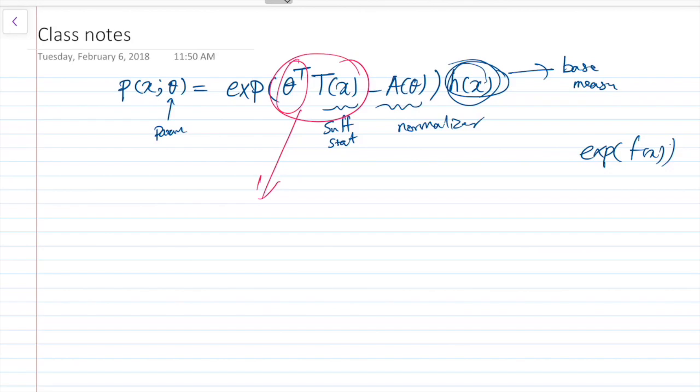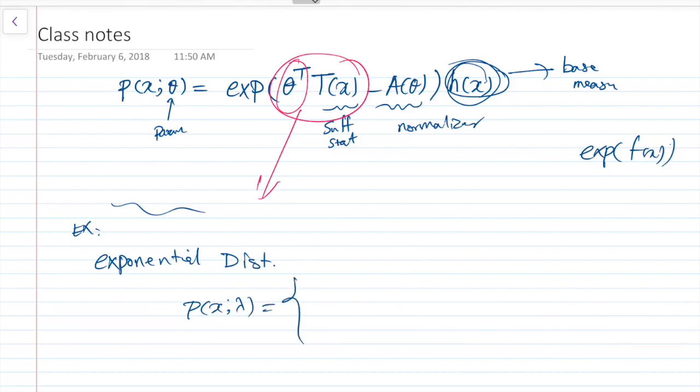So let's start with the exponential distribution. The exponential distribution is an example of the exponential family. So what is the form of the exponential distribution?